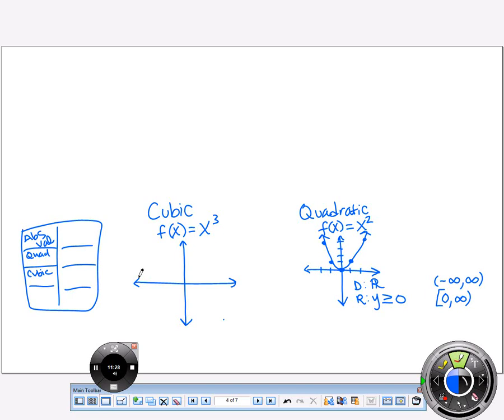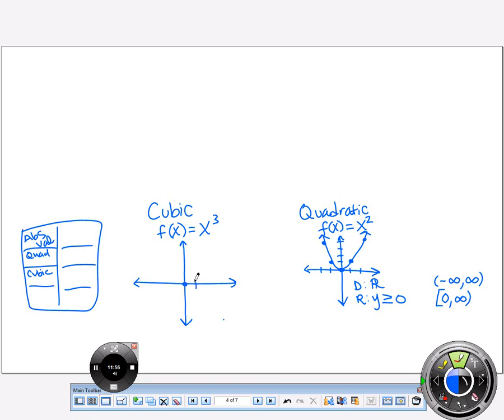And for us, it's the point of the parent that starts at 0, 0 for all these polynomial functions. So this is still going to have the point 0, 0, because when you plug in 0 and you cube it, you get 0. So this is still going to be our vertex point, but I'm using that word in a different context. Do you guys understand it? That's just the main point that we're going to stretch and compress everything from or reflect things around. So 0, 0 is still that point.